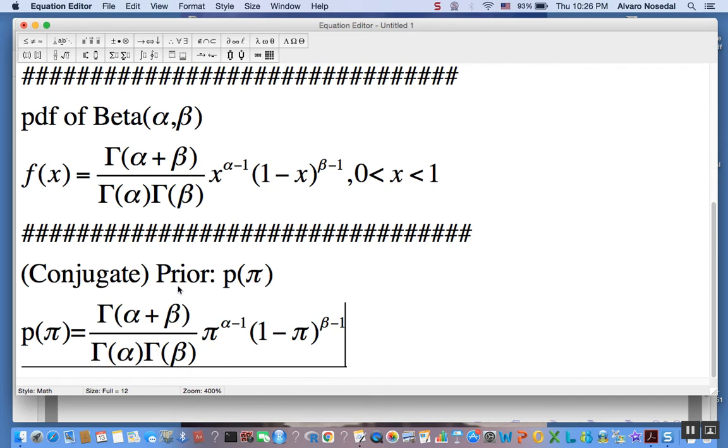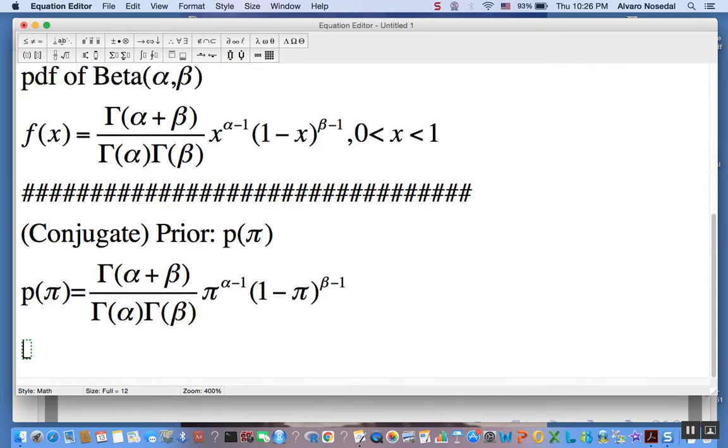So if after we do the math we realize that the posterior distribution is a beta distribution, then we were right. We chose wisely. So let's do the math. Let's find the posterior distribution.